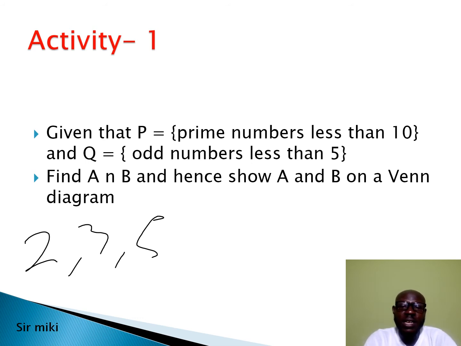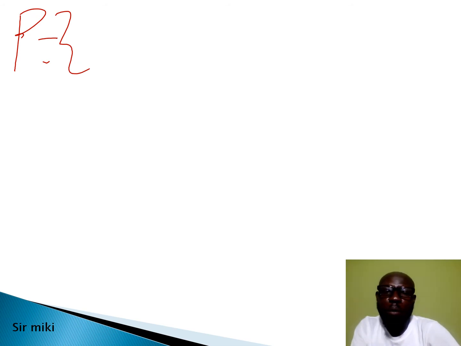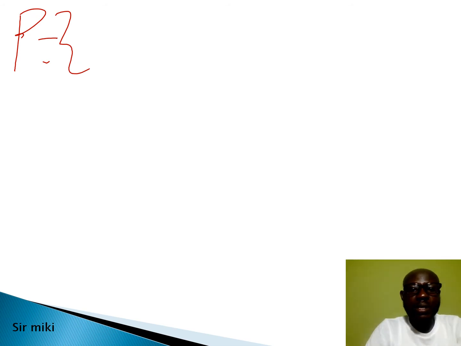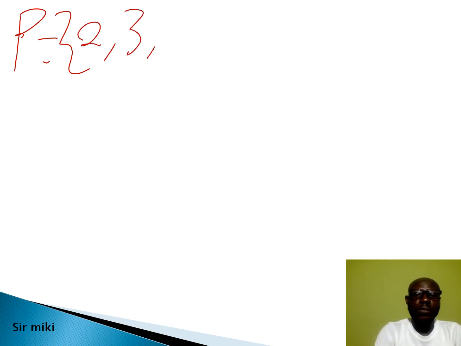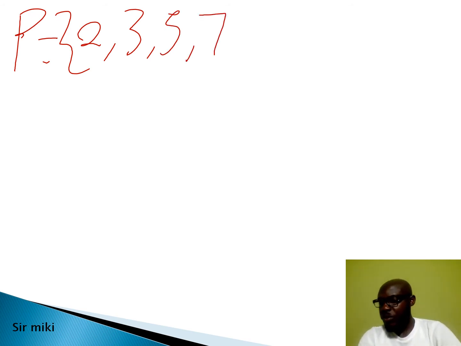So we have to list prime numbers that are less than 10. Let's see. Set P will give us, we said prime numbers are numbers that have only 2 factors, so we have 2, 3, 5, 7.